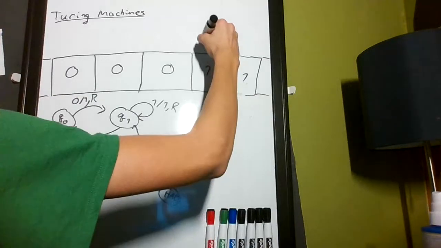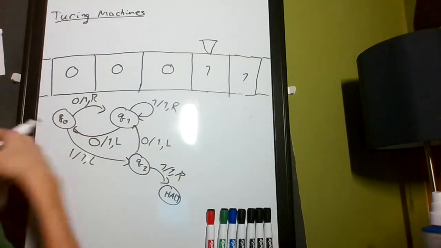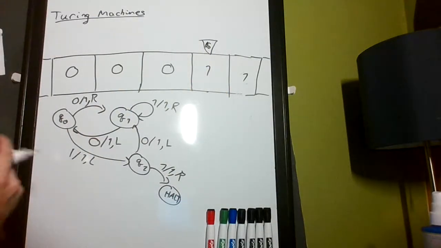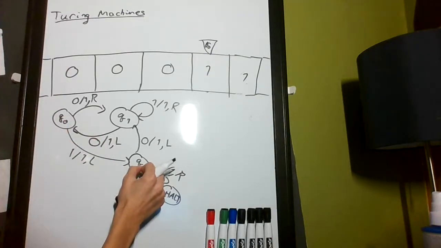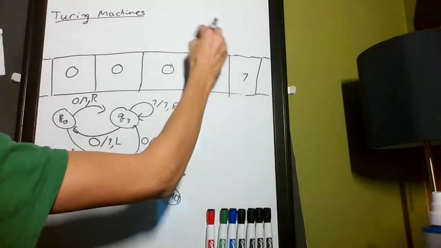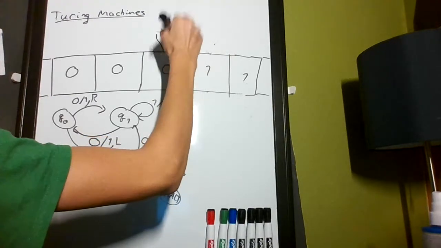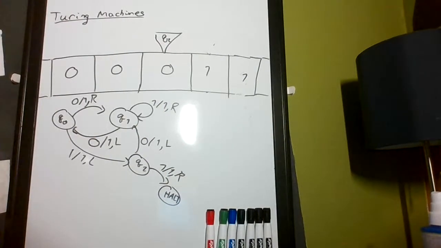Okay? I'm going to move it to the top. You'll see why. So now, right here, I'm going to have Q0. Okay, but now I'm reading a 1. So I'm going to move it to the left and set the state here to Q2. And I'd write a 1, but that'd just stay the same.